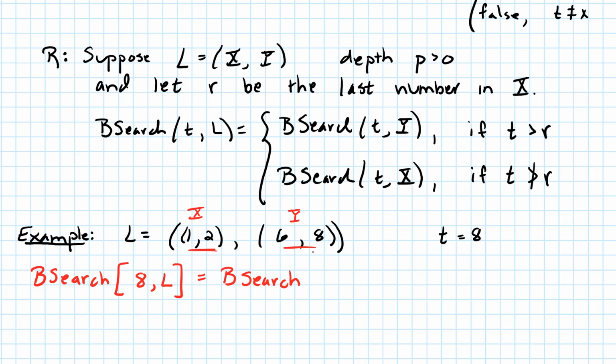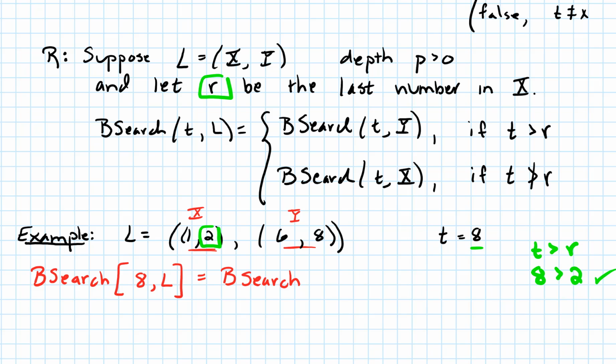Now this R was the last number in X. So here's the last number in X. And the rule for B search says, if T, remember T is 8, is greater than R, so if 8 is greater than R, which is 2, that's true, right?